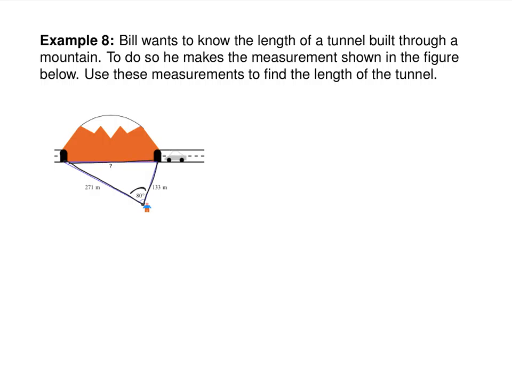So once again, you can call this side here A, right? And you can say A squared is B squared plus C squared minus 2BC cosine of alpha.